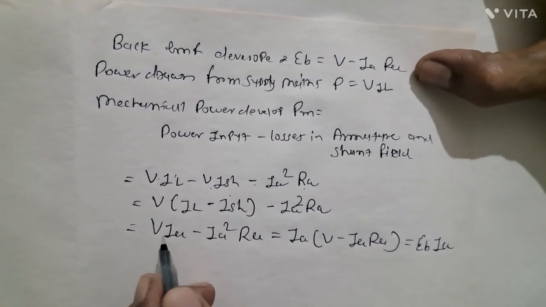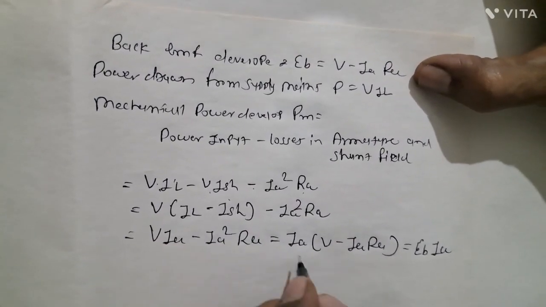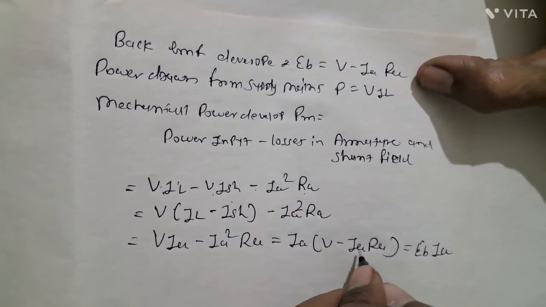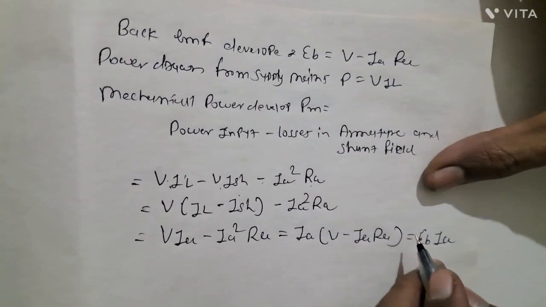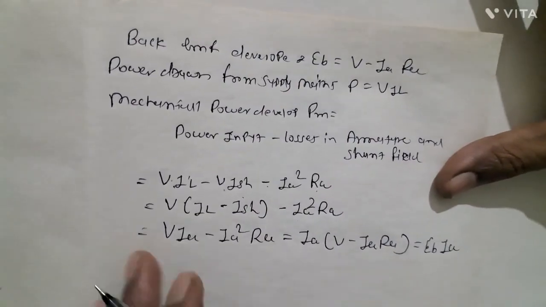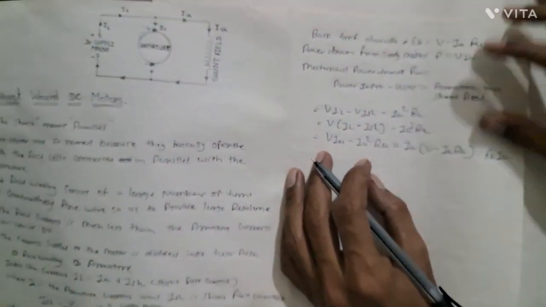And V IA minus IA square RA is equal to IA in brackets V minus IA RA, which is equal to EB IA. So this is the complete shunt wound DC motor.